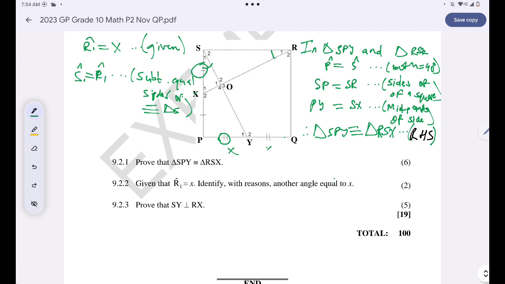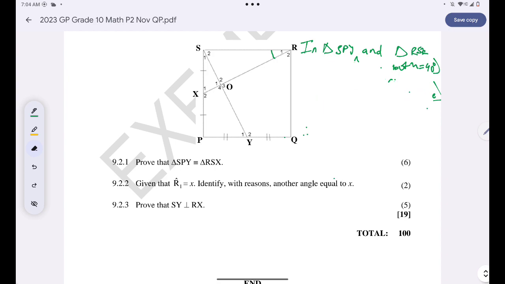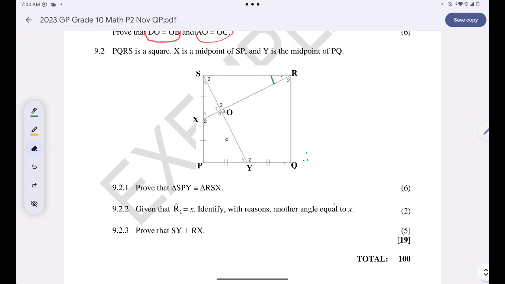Are you together? And then now I am asked to show that SY and RX are perpendicular. Let me erase these things. I'm asked to show that SY and RX are perpendicular.